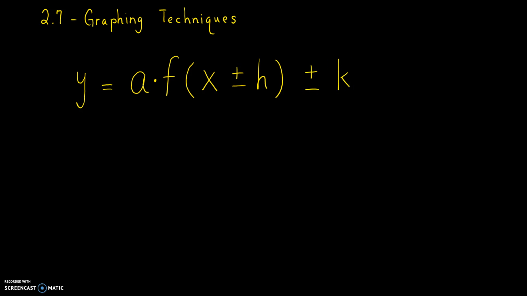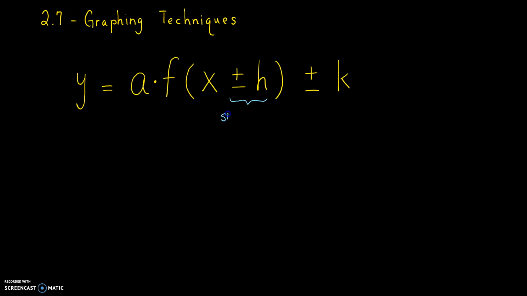Okay, and so how do these things affect the overall graph? Let's start off with this number on the inside right here. Now this number tells us to either shift left, or we can shift right. And just remember that if we had a positive number, we shifted left.